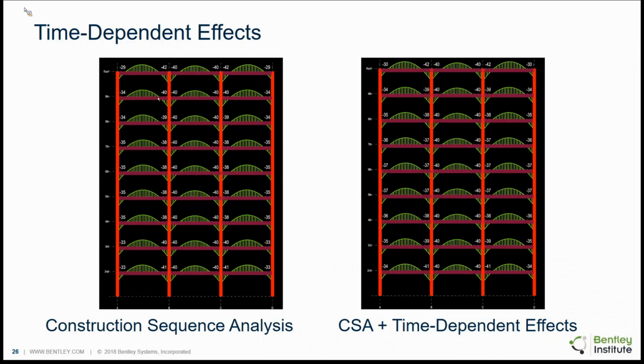Now what we're seeing is a construction sequence analysis with and without the time-dependent effects. So in this 9-story building, there is some impact, but it's not particularly significant, and the impacts are felt throughout the structure, not focused particularly at the top of the structure.